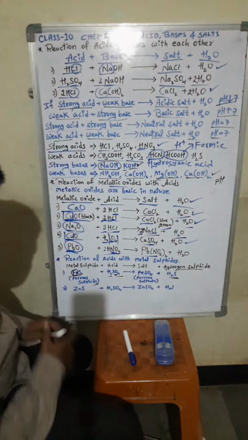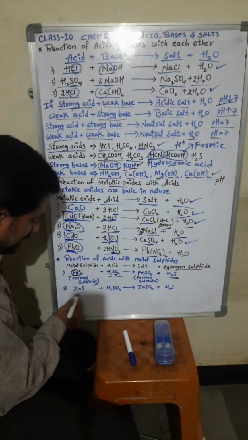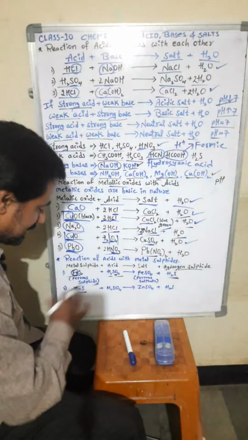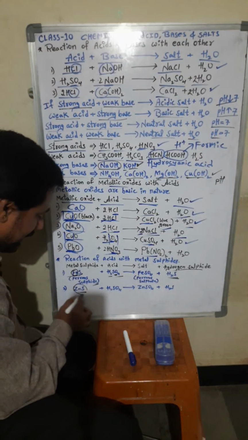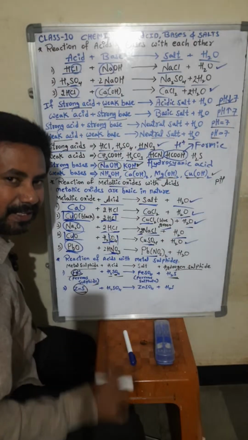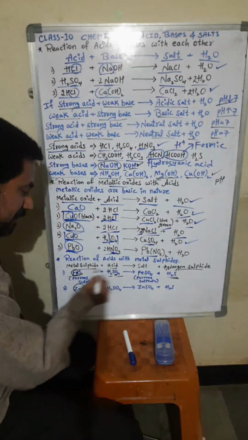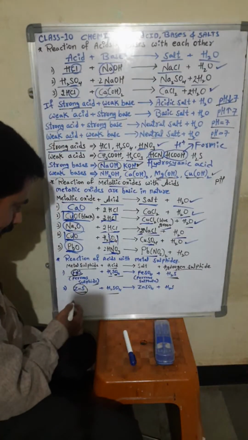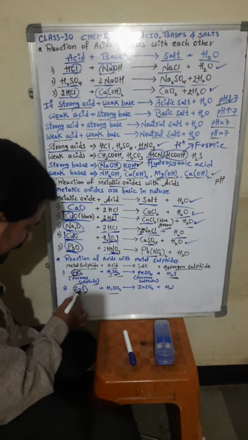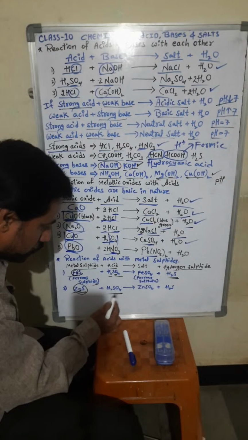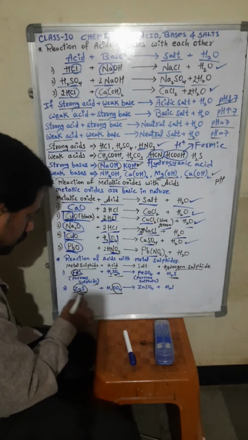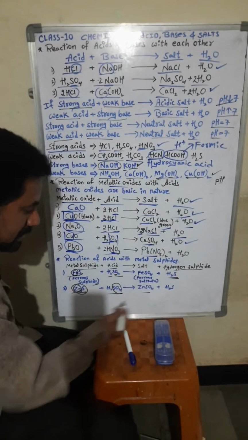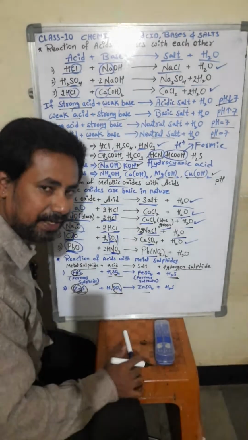Okay, students, what is Zn? Zinc. Sulfur. Zinc sulfide, ZnS. It is a metal sulfide. When it combines with acid, which acid? H2SO4, sulfuric acid. The Zn will combine with SO4, ZnSO4, a salt. Which salt? Zinc sulfate.